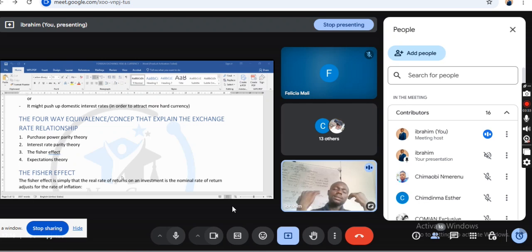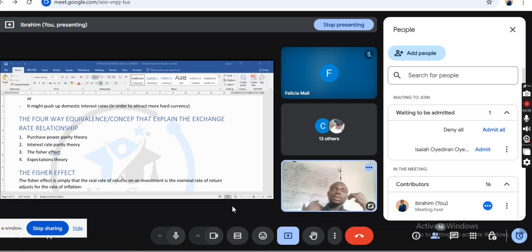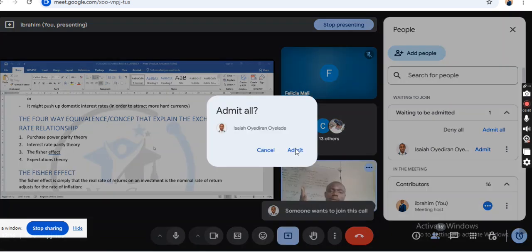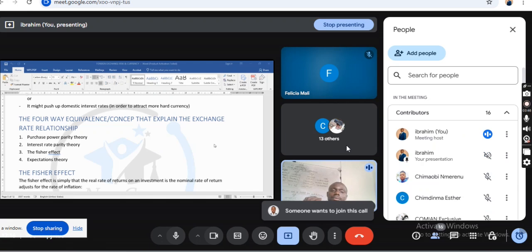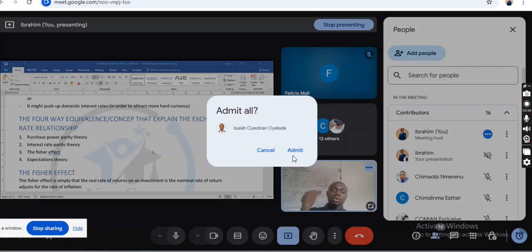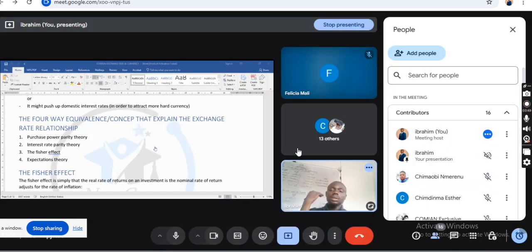Now, this means that if you want to get the forward exchange rates for 5 years, in getting the forward exchange rate for 5 years, you need to adjust for the two countries' inflation, which will be given in the question.